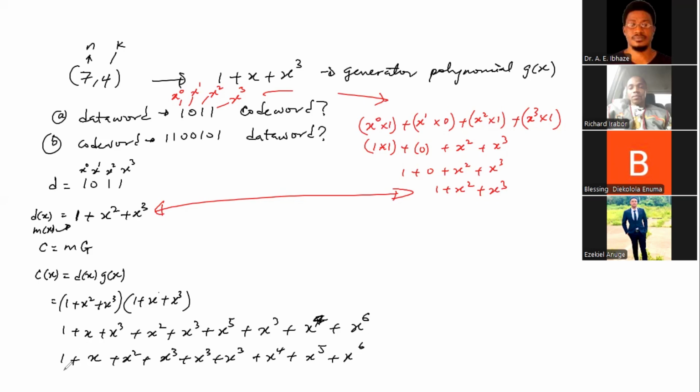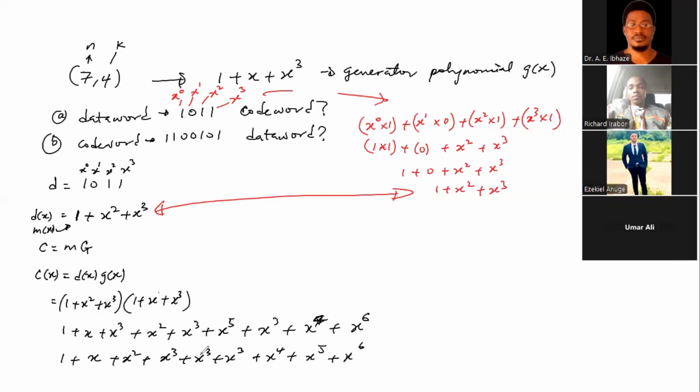Now we can rewrite this again. So X cubed plus X cubed plus X cubed is going to give us X cubed, right? Yeah, modulo 2 addition. Yes, sir. 1 plus 1 is 0, plus 1 is 1. So this is now going to reduce.